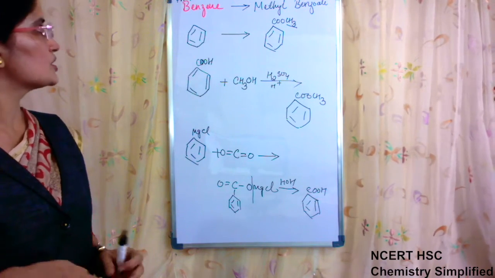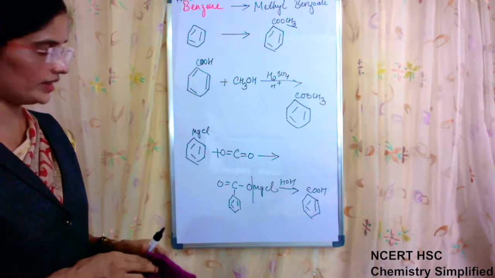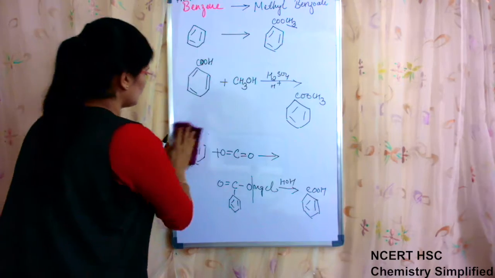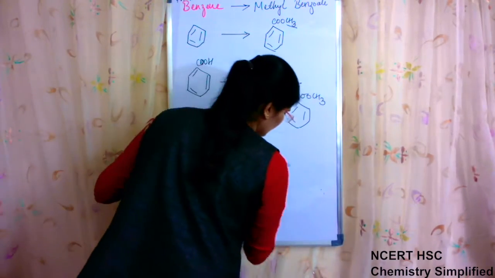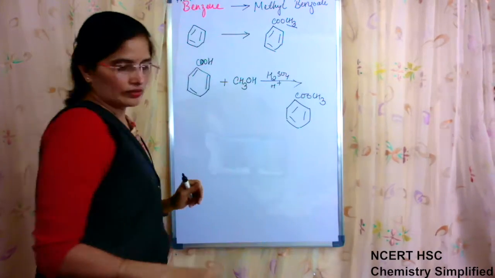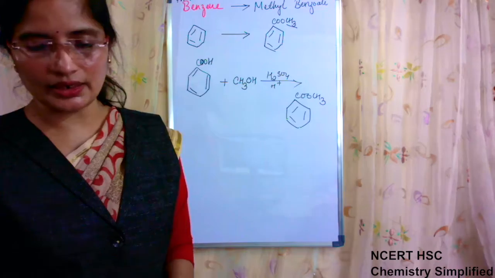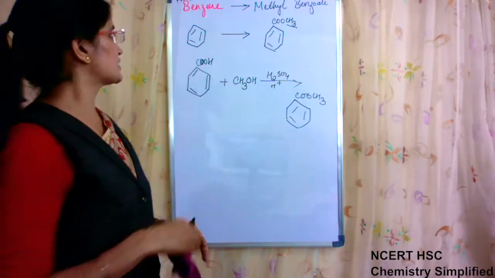Okay, so this is one complete conversion from benzene to methyl benzoate. We have done it using all the reactions which we have studied. Nothing new has been used here.